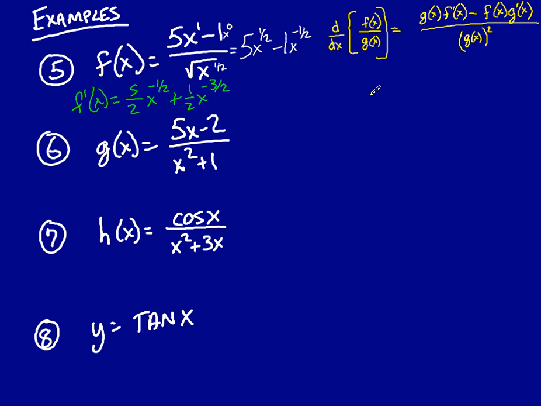Now if I wanted to use it, just so you can see what it would look like, f prime of x would be low times d high, the derivative of the top would be just 5, minus high d low. So 5x minus 1 times the derivative of the bottom, which would be 1/2 x to the negative 1/2, all over low squared. Low squared, the square root of x squared, is just x.